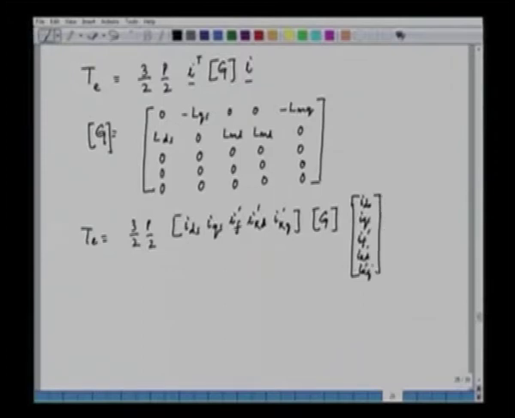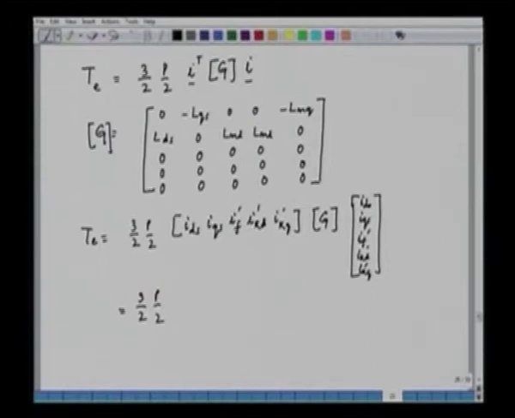If I simplify this, I will get the expression for the torque. Let's see. So we can simplify this, and we will get the expression for the torque. So this we can pre-multiply. So we have got 3 by 2 into P by 2.